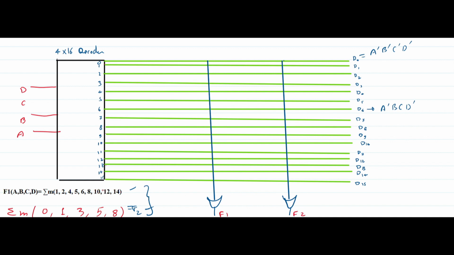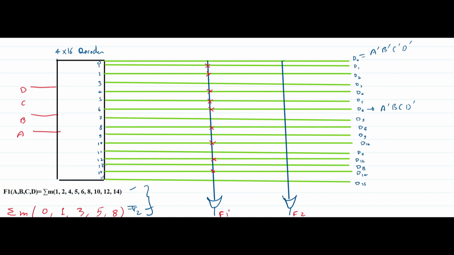Now to get F1, what are the min terms that I need? I need 1, 2, 4, 5, 6, 8, 10 and 12, 14. Okay, so where is line 1? Here. So I will make this connection, M1, M2, then comes 4, 5, 6, 8, 10, 12 and 14.